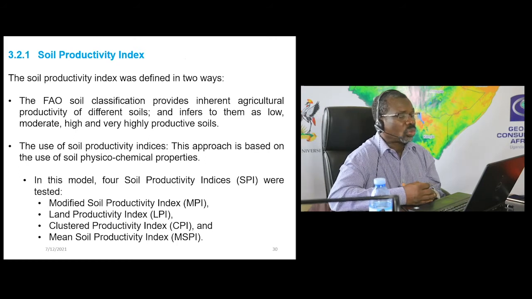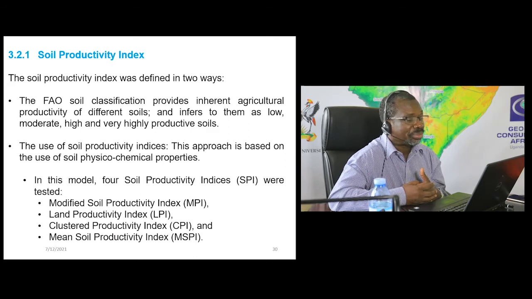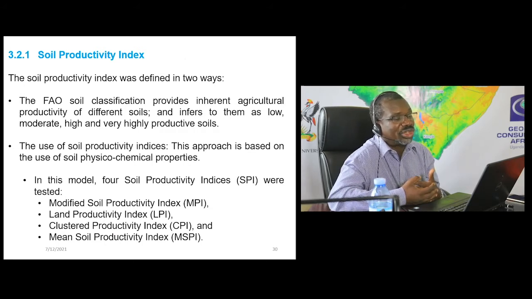So the soil productivity index was defined based on the FAO soil classification.